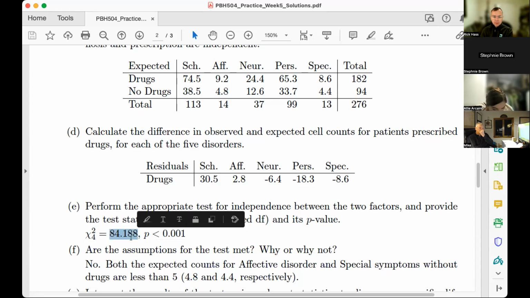Again, 84.188, we just read off. And the p-value that goes with it, it's actually not even shown to you exactly what it is. So you can just report it exactly as you see it here, matching SPSS, that p is less than 0.001. So not only is it less than 0.05, but if we had used an alpha of 0.001, it would be less than that too.